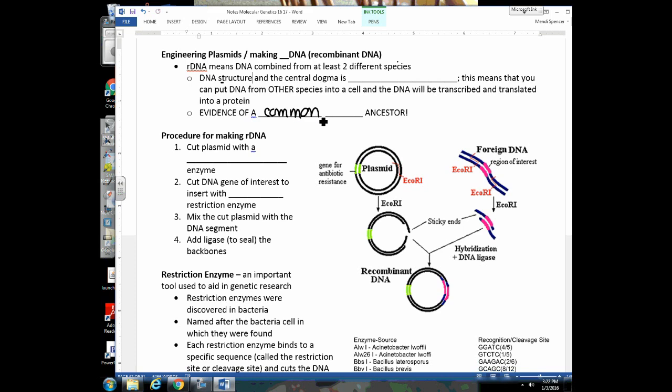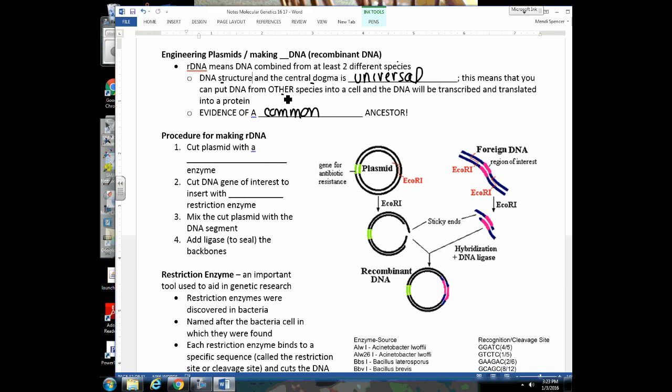Another way to say that it's common to all organisms is we say that DNA structure and the central dogma is universal. That means all organisms show this. Now, the fact that the flow of information is universal means that we are able to take DNA from other species, put it into the cell of a different species, and that cell will be able to produce the protein that that gene codes for.